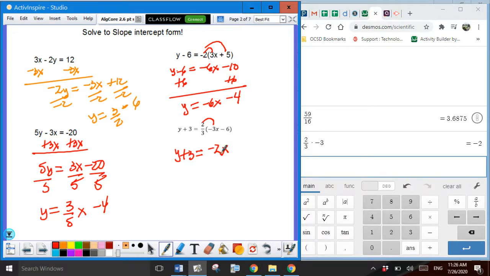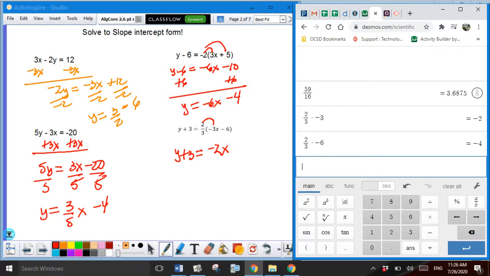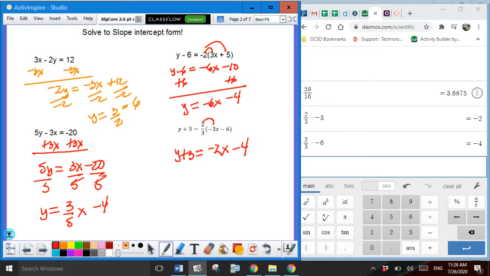Let's multiply again. 2 divided by 3, move over to the right, times negative 6. Keep the sign with the number. That gives me a negative 4. Notice how I don't have any more fractions. Minus 3, minus 3. Y equals negative 2x minus 7. And we're done. So that was easy, right?